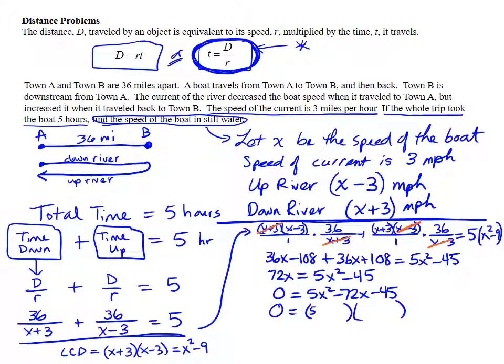You may want to take your time and use the AC method, either the box method or the fraction method, so the shortcut method. I'm going to use trial and error. 5x and x, negative 45. If I use a 5 and a 9, which is my first choice, I don't get anywhere near the 72.